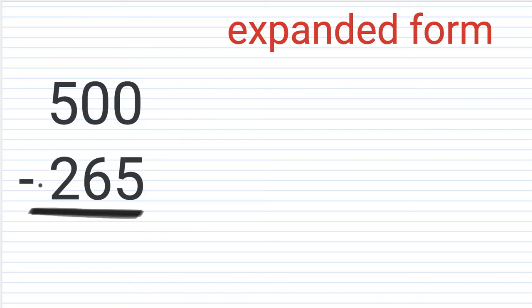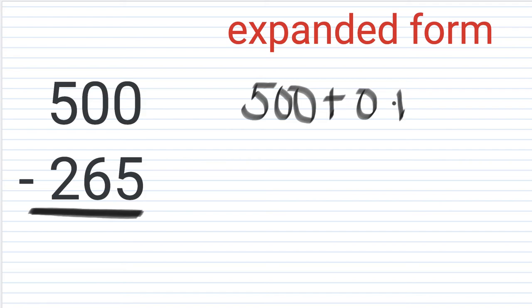500 minus 265. So we will just expand first. 500. The tens here is 0, so we'll just write 0. The ones here is 0, you will just write 0. So 500 plus 0 is 500. Now let's have this one, 265.